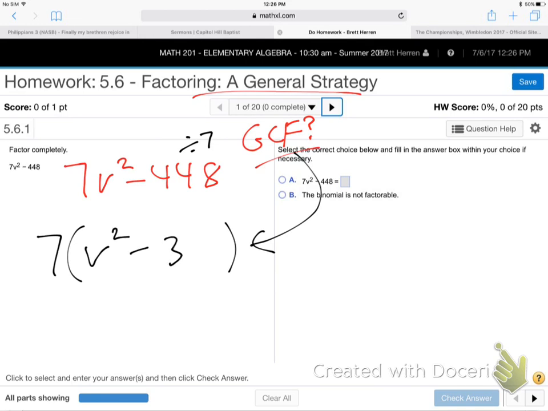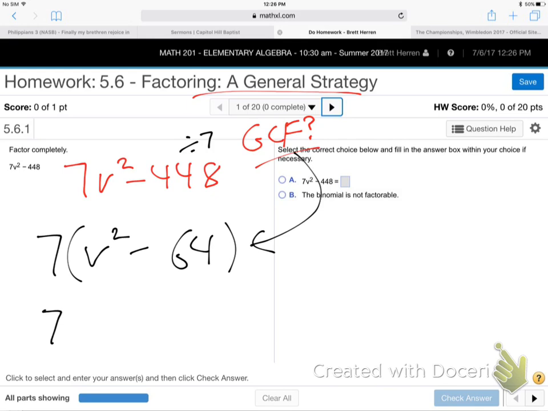Oh, 64. 64. Everybody good to there? See how we take out the 7 on the first step? Let's take out that 7. Right? That good? Take out that 7.